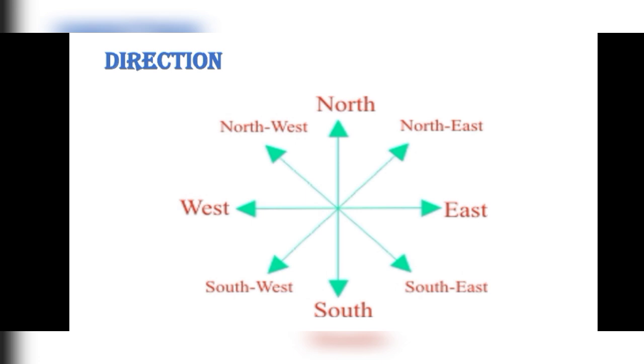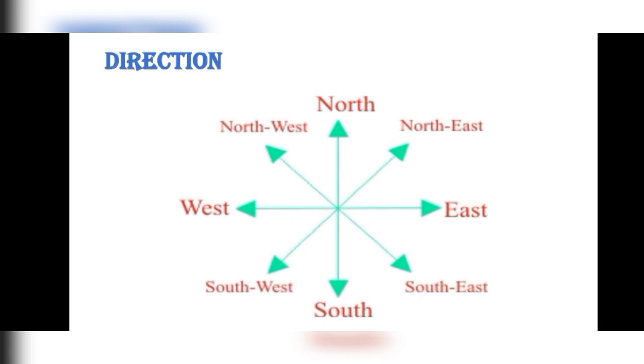These directions are called cardinal directions. To make it more specific, we use intermediate directions too, that are northeast, northwest, southeast and southwest. With the help of these directions, we can find our destination on the map.